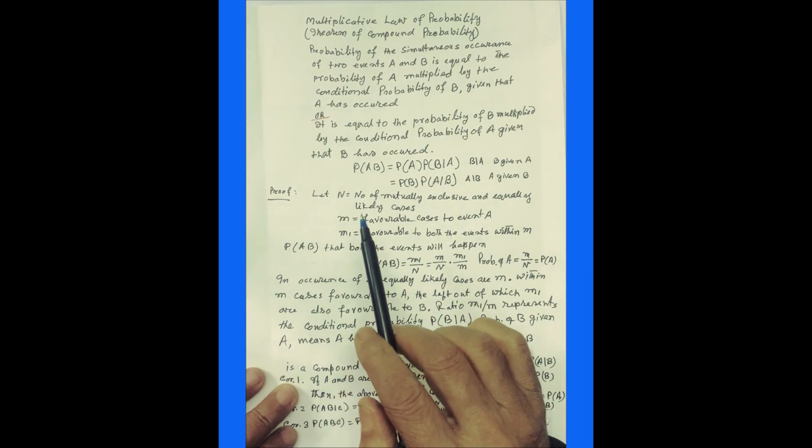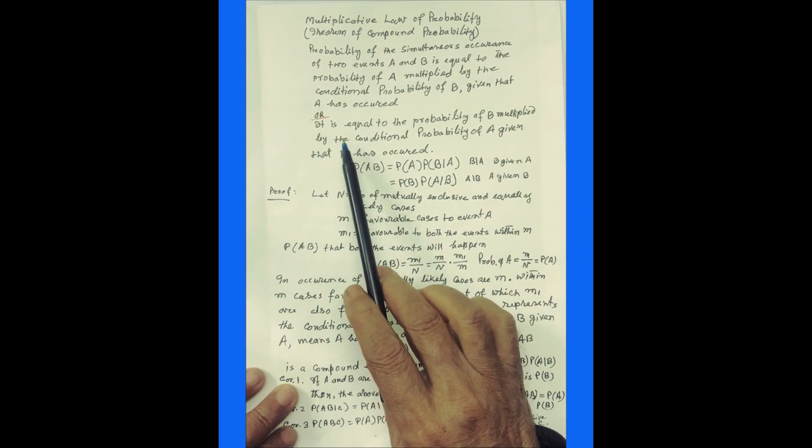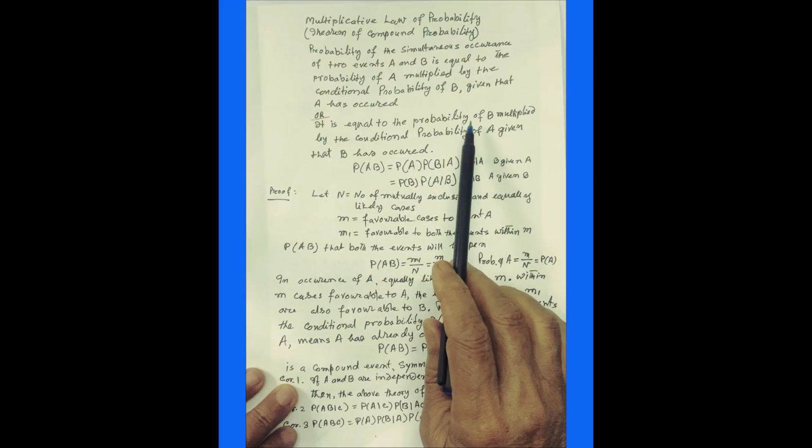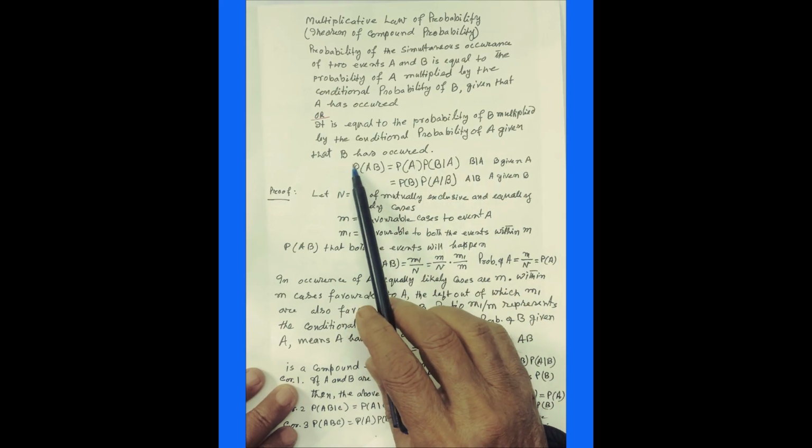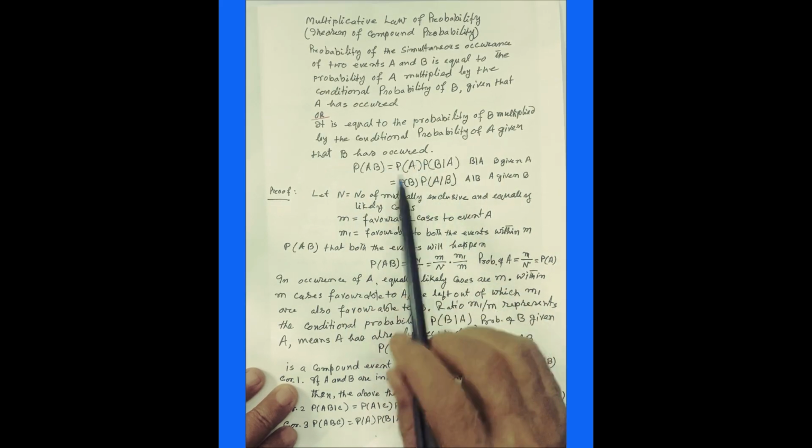In another way, we can say that it is equal to the probability of B multiplied by the conditional probability of A, given that B has already occurred.